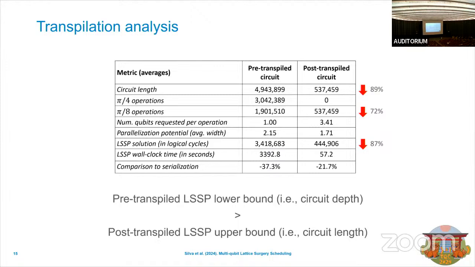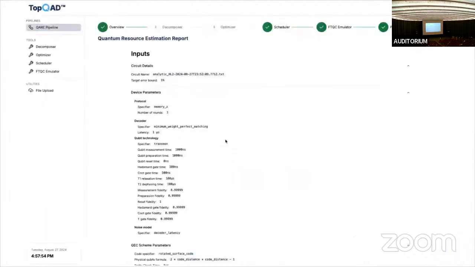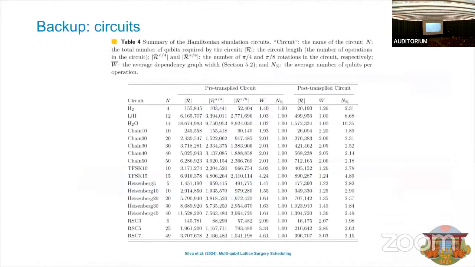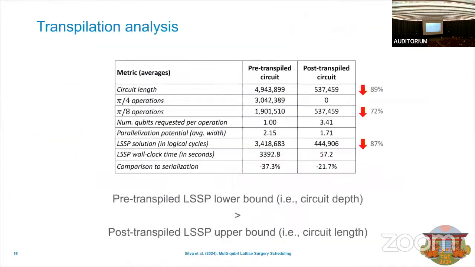No, it's pre and post for the average over all the circuits. Yes, it's on average. But in all cases, is it better? In all cases, it's better. This is what I mentioned at the end of the slide. In all cases, the lower bound for the pre-transpiled circuit is worse than the upper bound for the post-transpiled circuit.